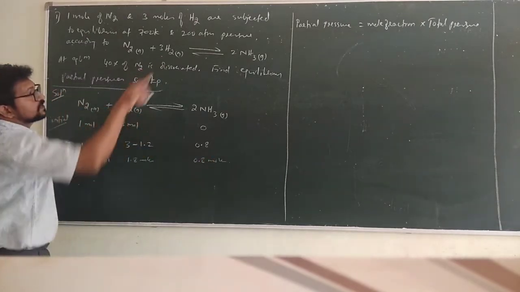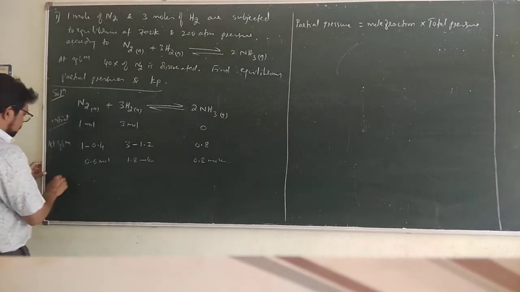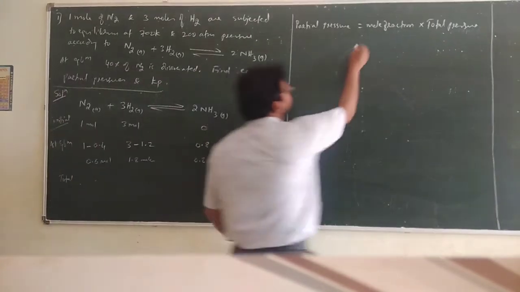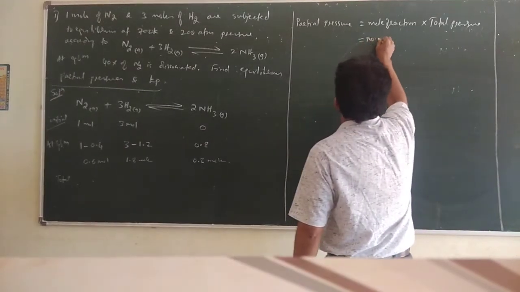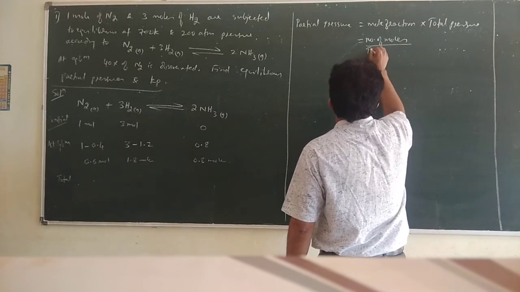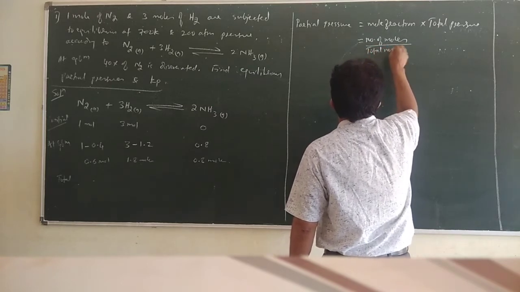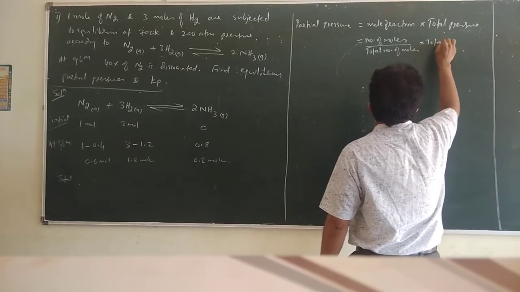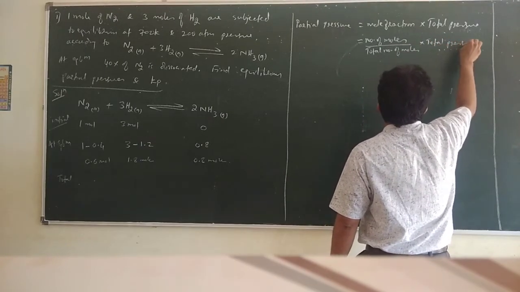Now for partial pressure you want mole fraction. Mole fraction is what? Number of moles divided by total number of moles, into total pressure.